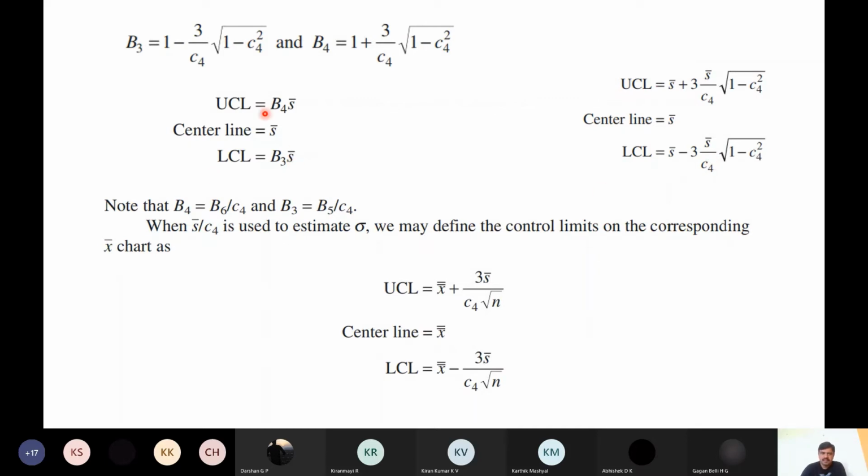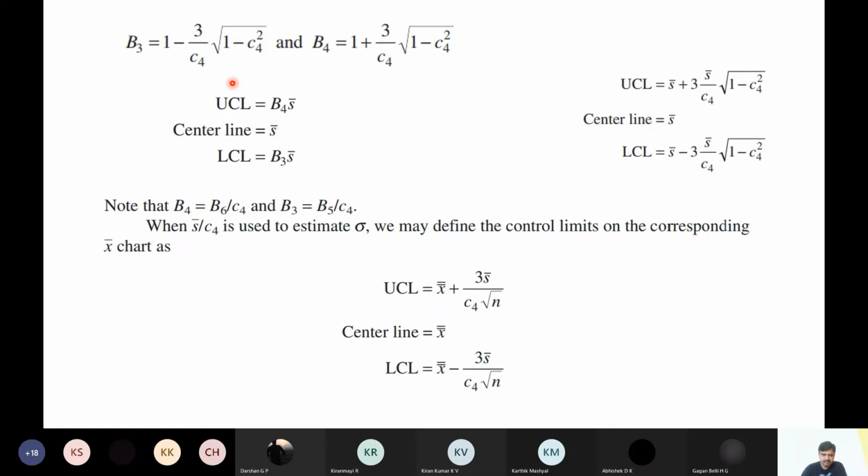Similarly, this equation can be simplified like this, B4 S bar, where B4 is, taking S bar common, 1 plus 3 by C4 root of 1 minus C4 square. So this is equal to B4. That is a constant that you can get from the table. Note that B4 can be written as B6 by C4, and B3 can be written as B5 by C4.